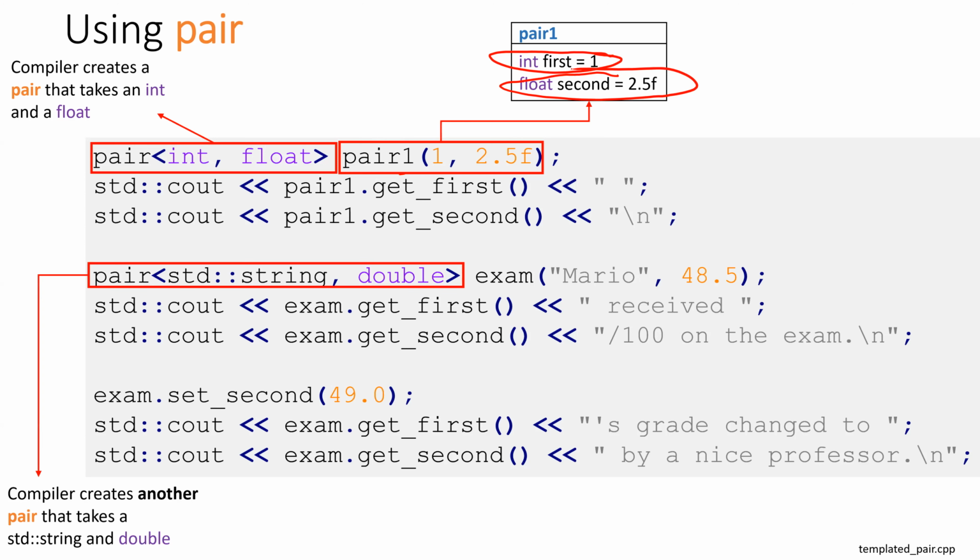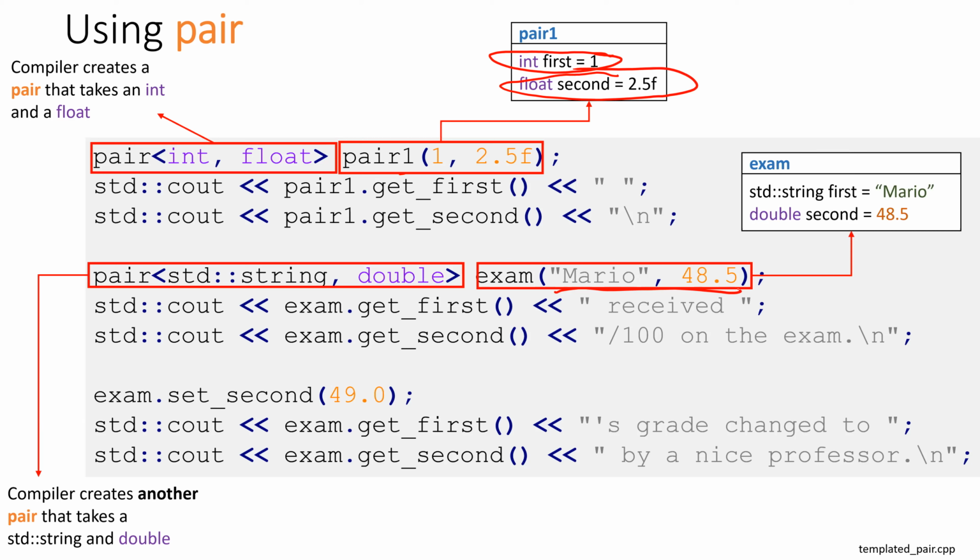Okay, so here I make another object. This one's called exam. It's also using this recipe pair, but it is different because it's making the first data type a string and the second data type a double. It also calls the constructor and passes in the appropriate types to initialize those things.